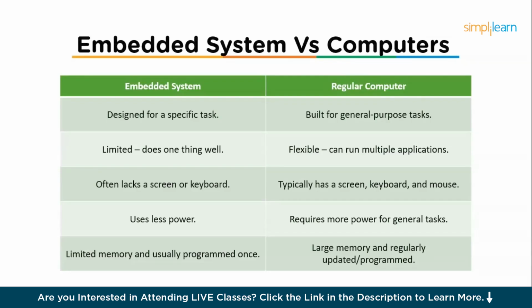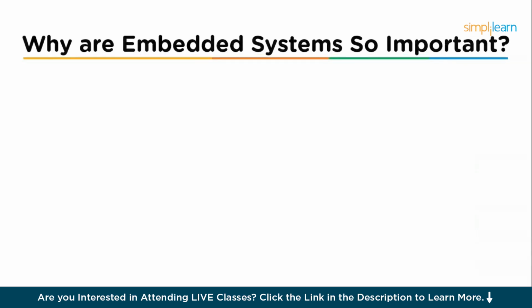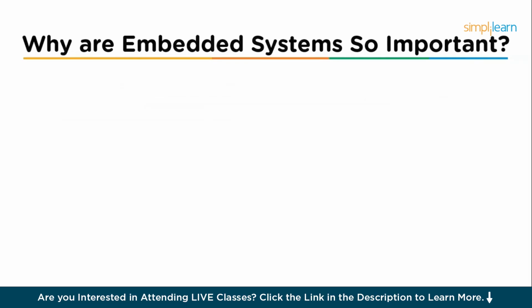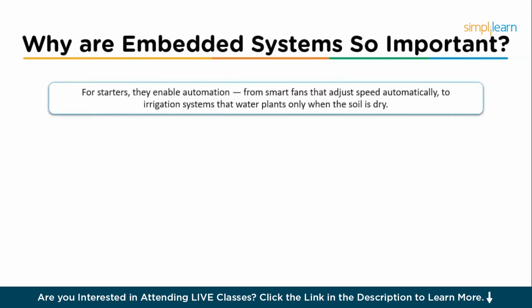Now, let us move on to why embedded systems matter. For starters, they enable automation, from smarter fans that adjust speed automatically to irrigation systems that water plants only when the soil is dry.